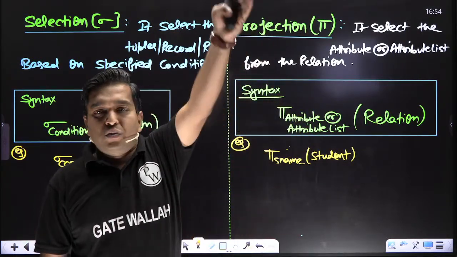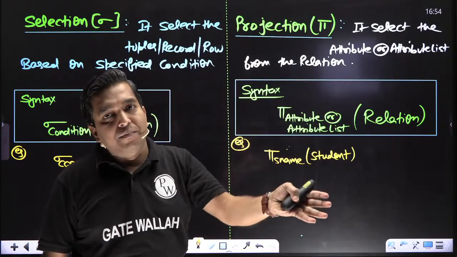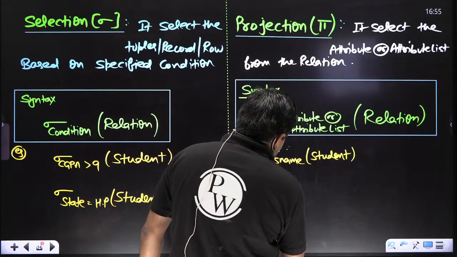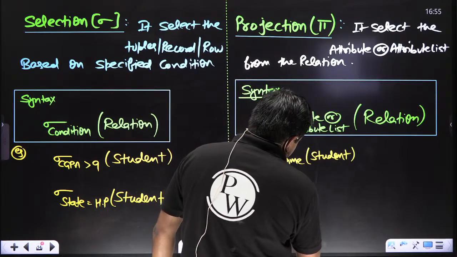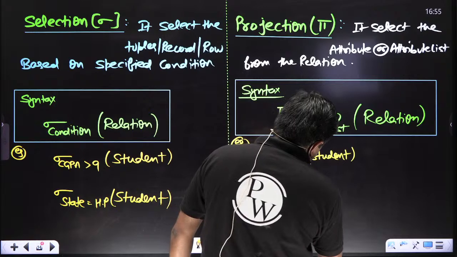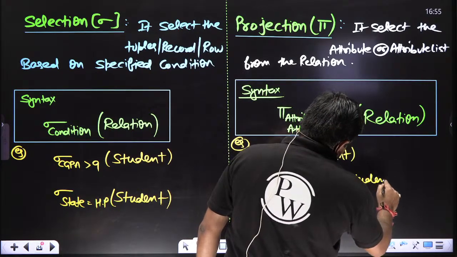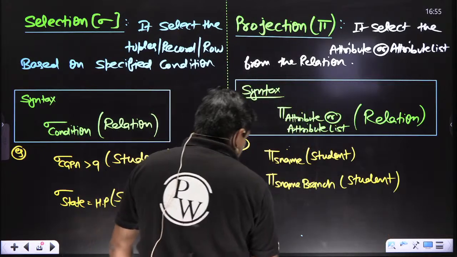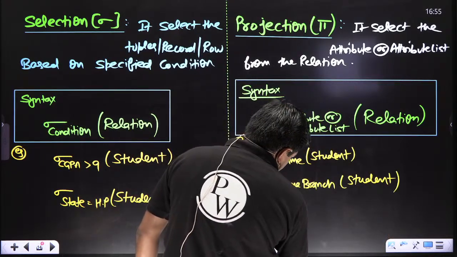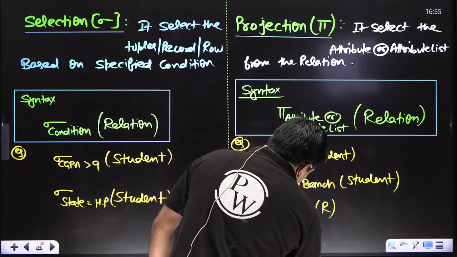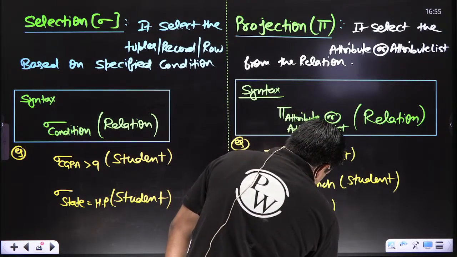Like those students who are studying, I want those names. So pi student name. Yeah, I want student name and branch from student table. Meaning to say pi attribute or attribute list A, B, C, D from relation R, or pi A from relation R, children.